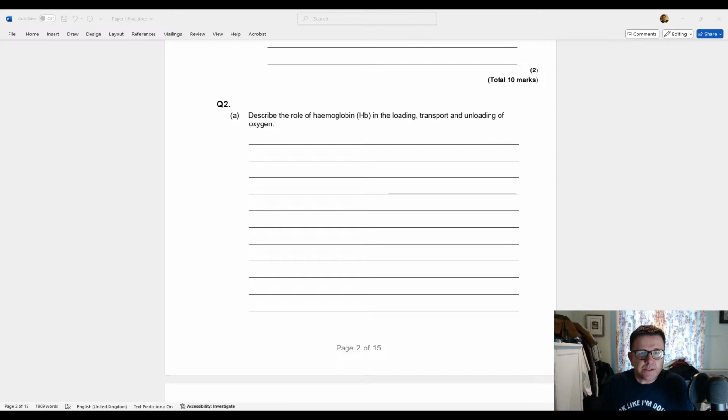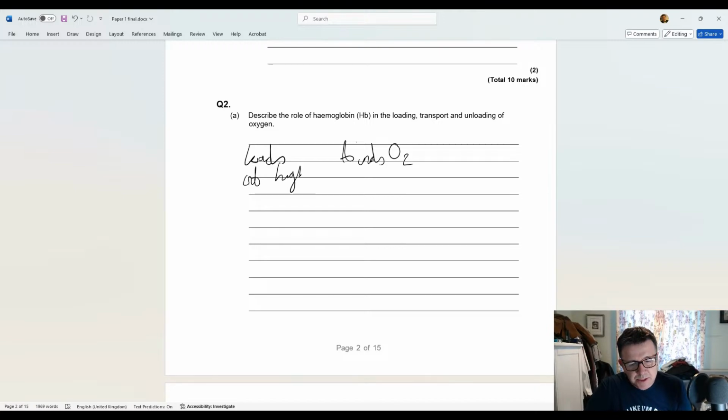Okay, so Hb loads or binds with oxygen. Yes, you are seeing that. That's good. And it binds at higher partial pressures, so a higher partial pressure of oxygen.